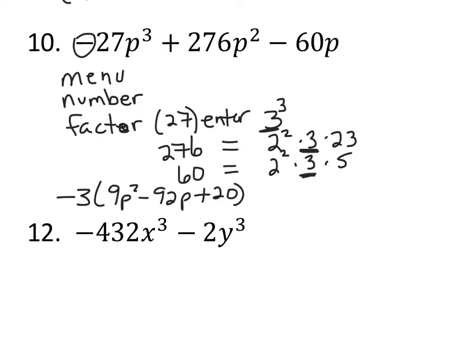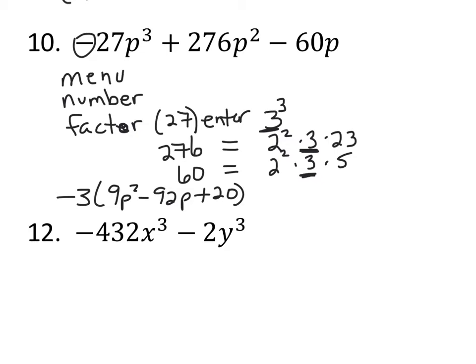Okay, so I factored out a negative 3, and what I have left is a 9p squared, because 27p to the third divided by negative 3 gives me 9p squared. And then this positive sign changes to negative, because when I divide 276p squared by a negative 3, the sign changes. So that becomes a negative 92p.